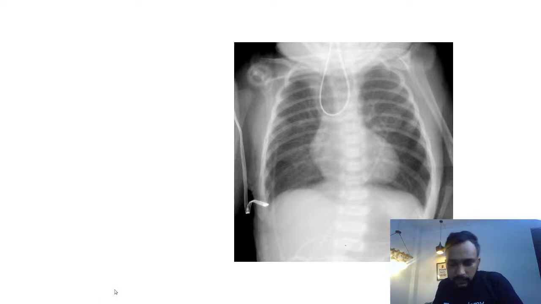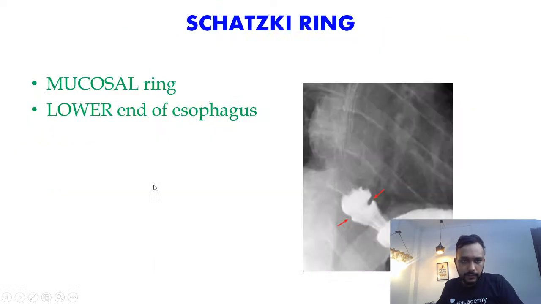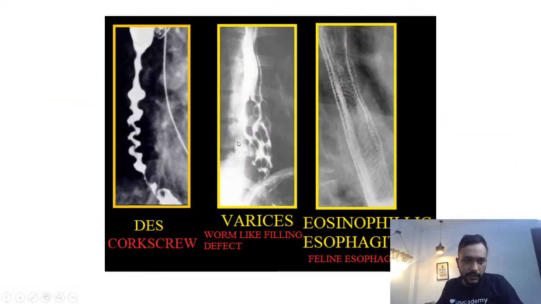So nutcracker esophagus we have already seen. Diffuse esophageal spasm. This is how your nutcracker esophagus will look like, right?